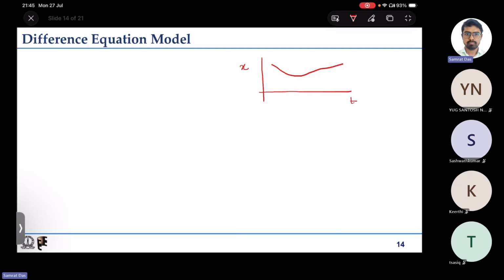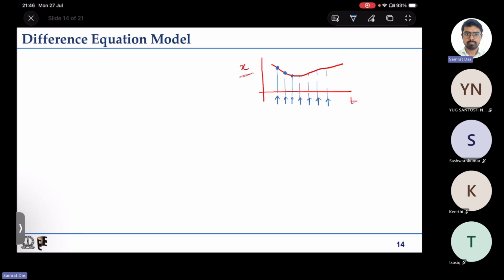So what is meant by continuous time? The value of the signal is defined for all values of time. For all instances of time, the value of x is defined. But for the discrete or difference equation model, or discrete domain, there will be sampling done at multiple instances, and the value of x will be recorded only for the sampling instances.